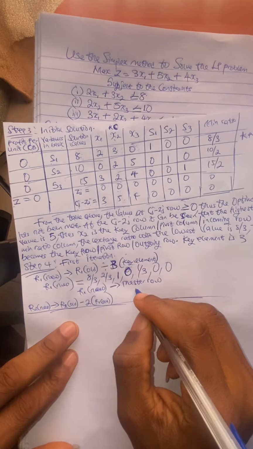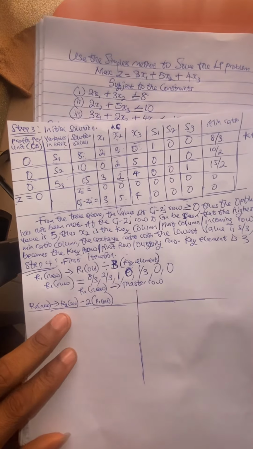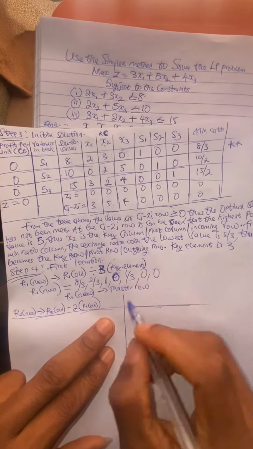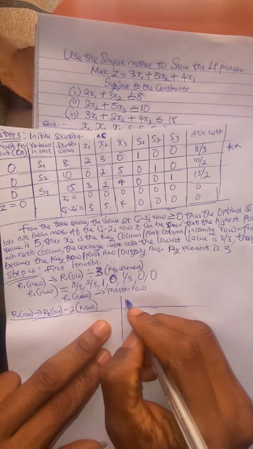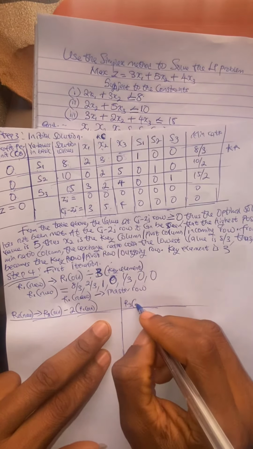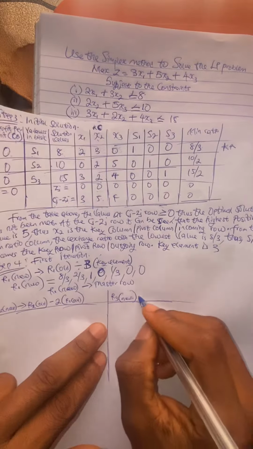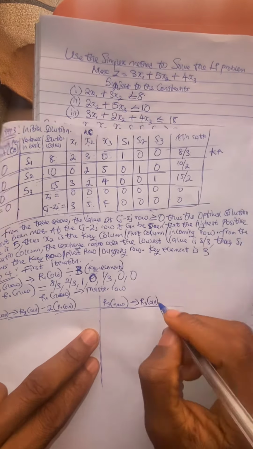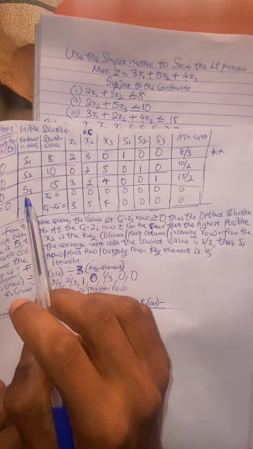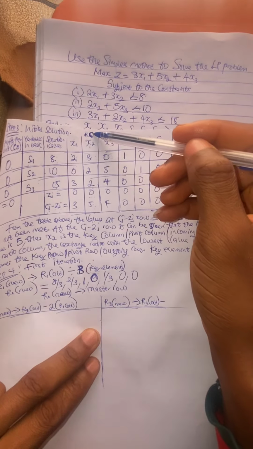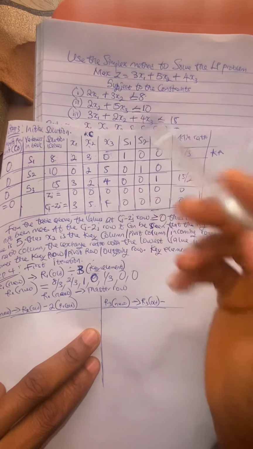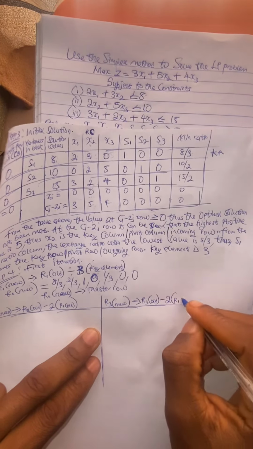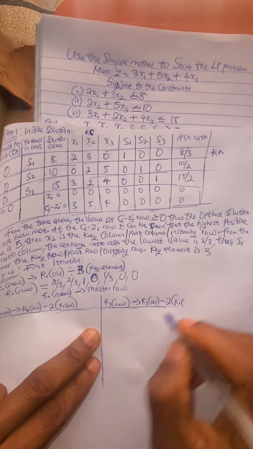Okay, so you have constructed the formula to get your new row 2. So the next one will now become your row 3 new. To get your row 3 new, the formula is your row 3 old minus, you now go to your row 3. What value is at the key column? It is 2 bar. So you now say 2 bar, then row 1 new.